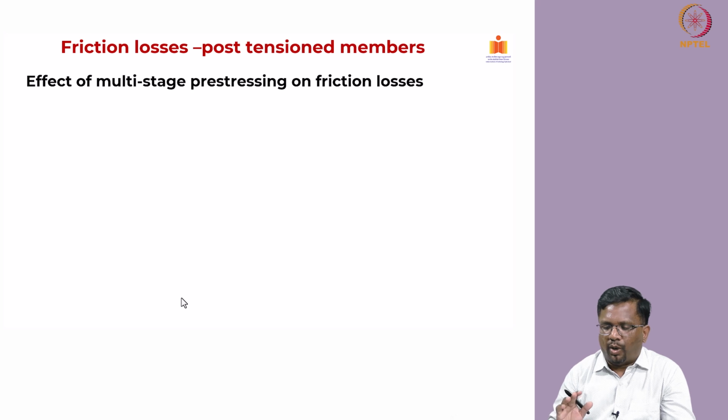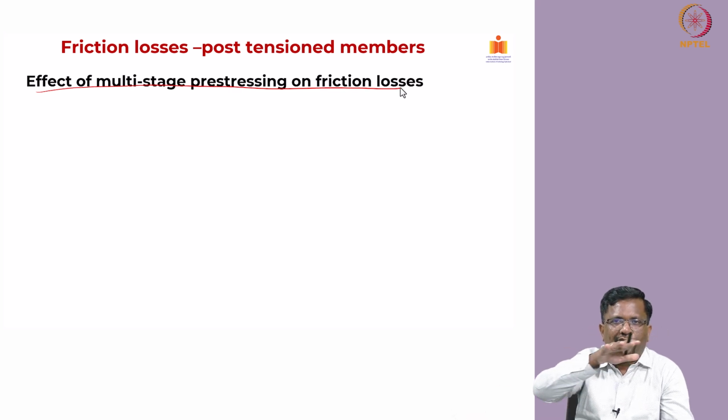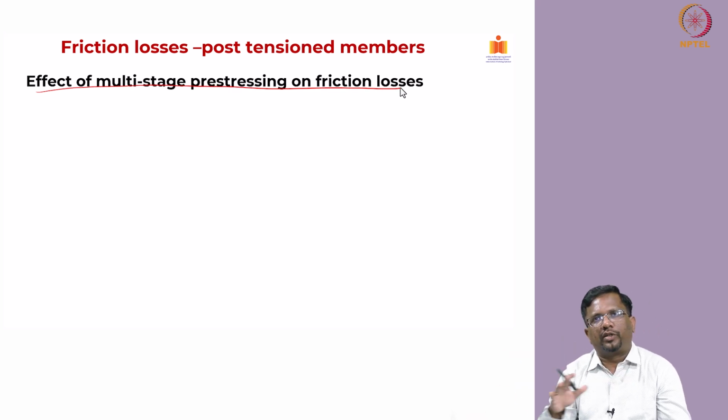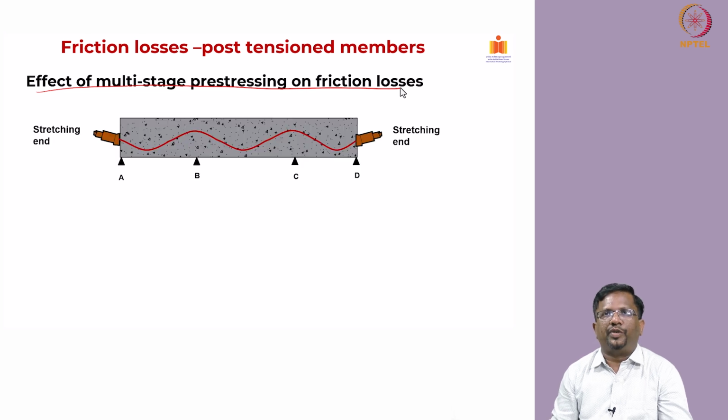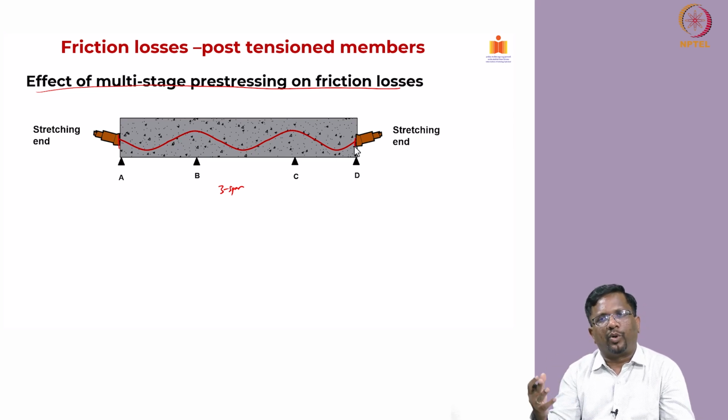Okay, so how do we tackle that? By doing the pre-stressing in multiple stages, so that you get an average pre-stressing force along the entire length of the member. Now, how do we do that? You see here, for example, this is a 3-span system. From here to here, the net curvature change of the cable can be quite significant.